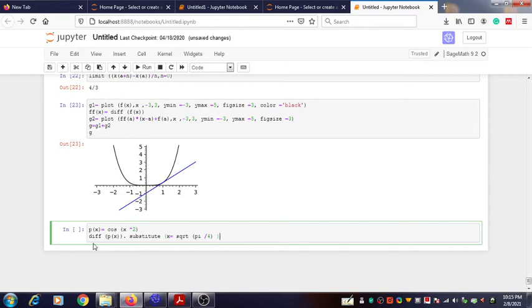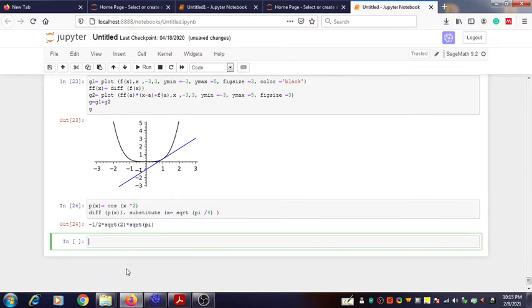Okay, now diff of p(x) dot substitute x equal to square root of pi by 4. Okay, now it is complete. We can try to take the output. Yeah, you can see that there is no error in our typing.